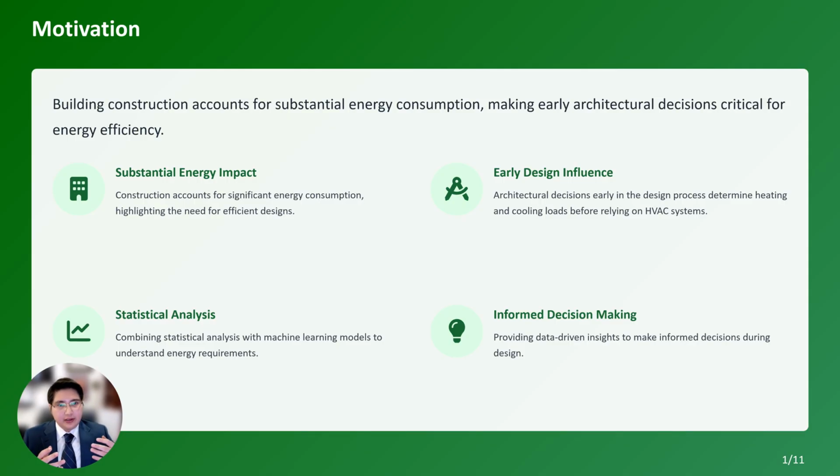So with the use of statistics and machine learning, it can help us understand the energy requirements at an early architectural design stage, where we can provide data-driven insights to make informed decisions before relying on HVAC systems, which is the AC units for big buildings.